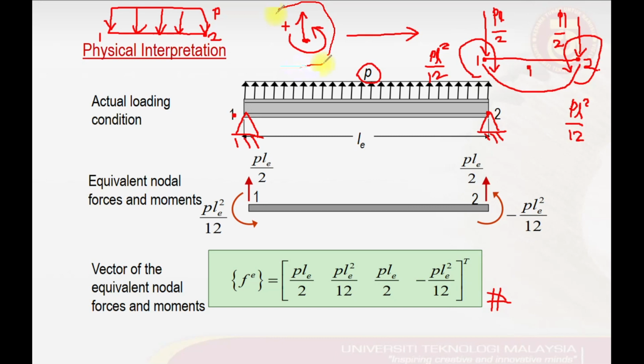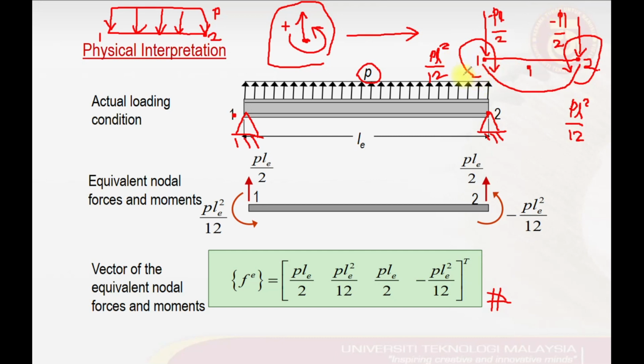So since we have this point load pointing downward, we change its direction to match our positive sign convention, so we can simply put a negative in our equation. So negative there, we put negative here, and then we check the rotations.